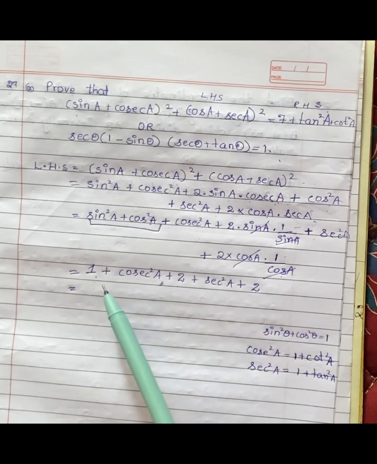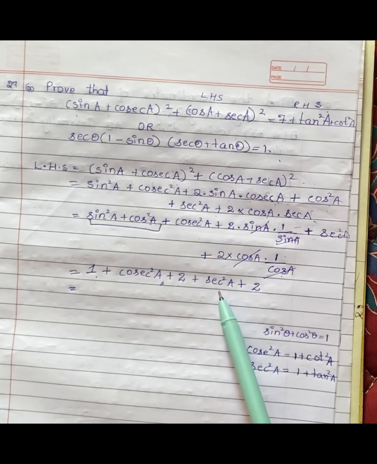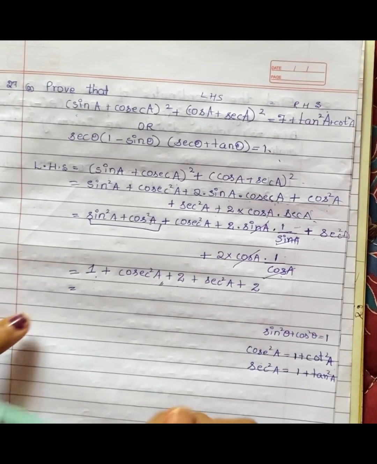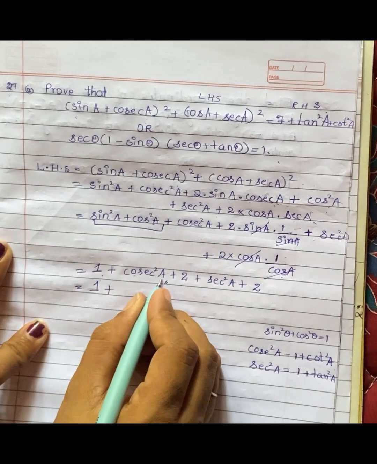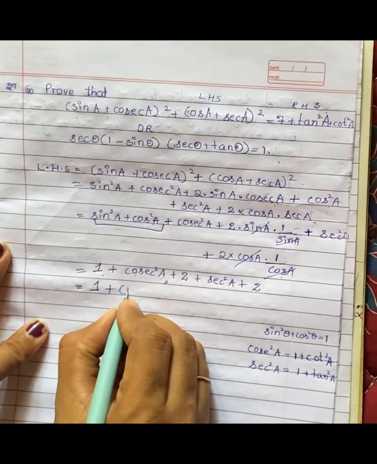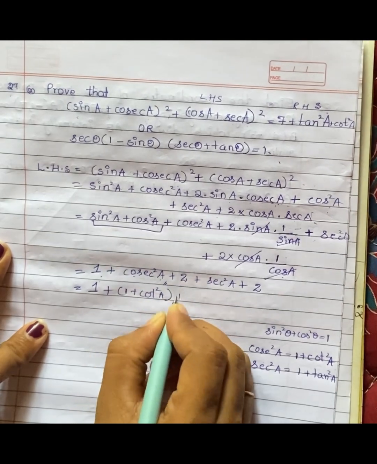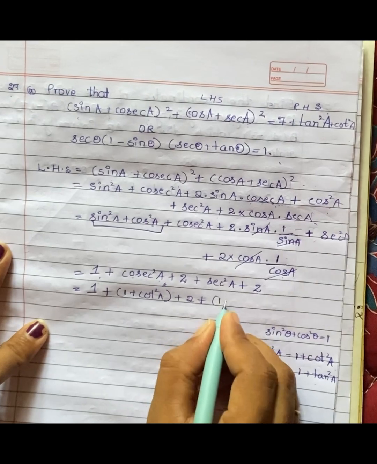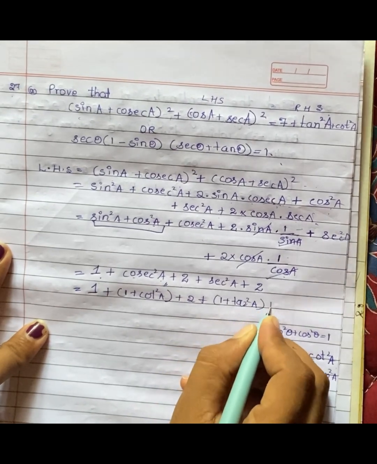So I'll just write 1 as it is, instead of cosec squared A I'll write 1 plus cot squared A, write 2 as it is, secant squared A I'll write 1 plus tan squared A, plus 2.